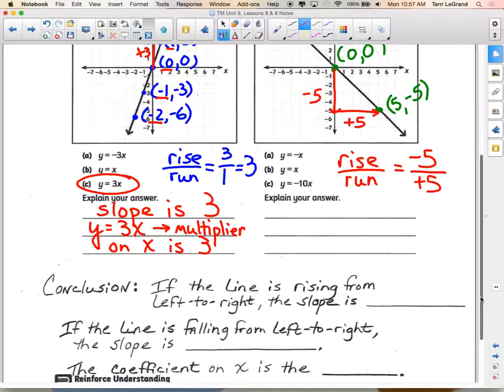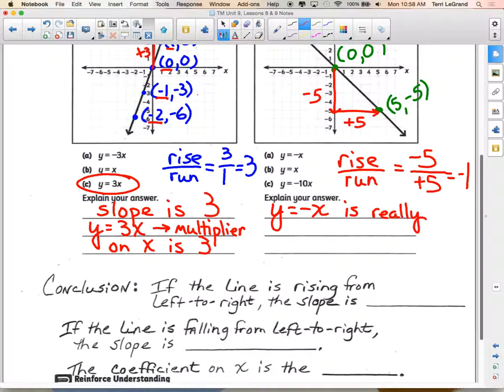Well, what does that divide out to? A negative 5 divided by a positive 5. A negative 1. Okay. So our slope is negative 1. Which equation matches this time? A, B, or C? Yeah, because y equals negative x is really what?